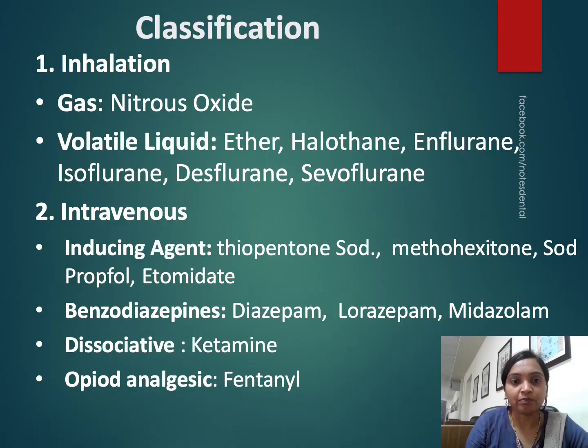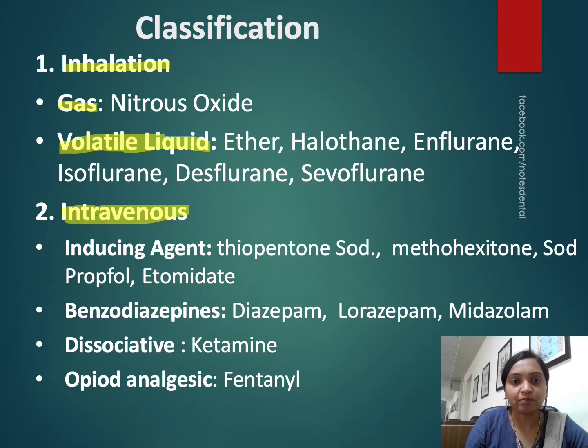So this is the classification. Inhalational anesthesia is what we are dealing with today. General anesthetics are classified as inhalational and intravenous. In the inhalational we have gaseous form and volatile liquids.